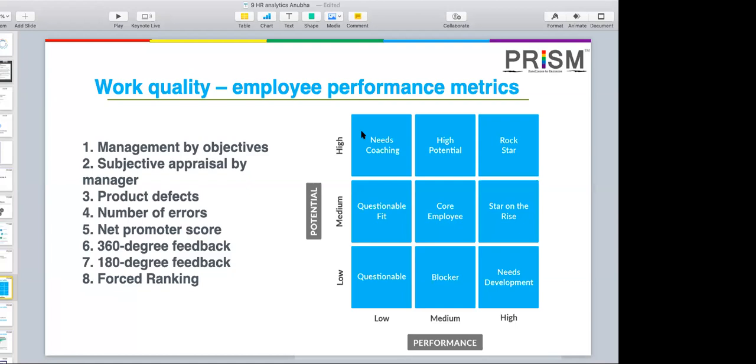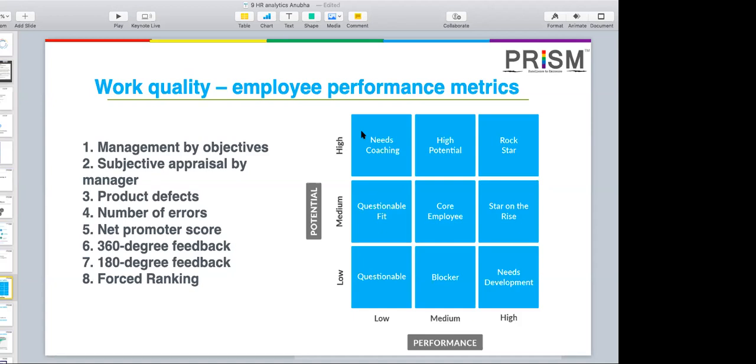Then we have net promoter score. It is, guys, an indicator of employee performance. When I say net promoter score, I did mention this in a deep dive in my third session. It is usually done by rating from 1 to 10, which represents the willingness of a client to recommend a company's service to other potential clients.